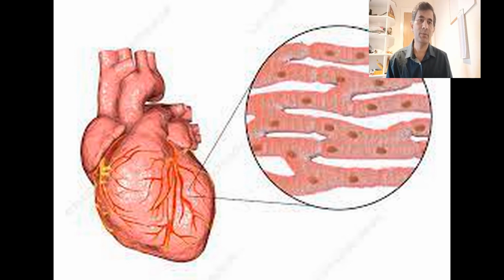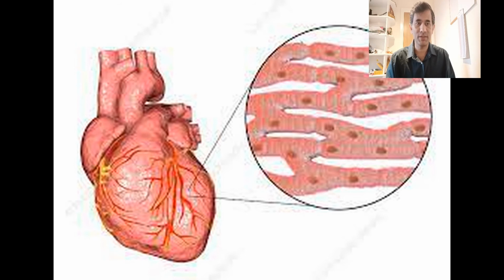The heart is made up of muscles. So if the heart muscles are looked at under a microscope, they will look cylindrical. But the difference between cardiac and striated skeletal muscle is that there is a branching of the muscle cells in cardiac muscles.